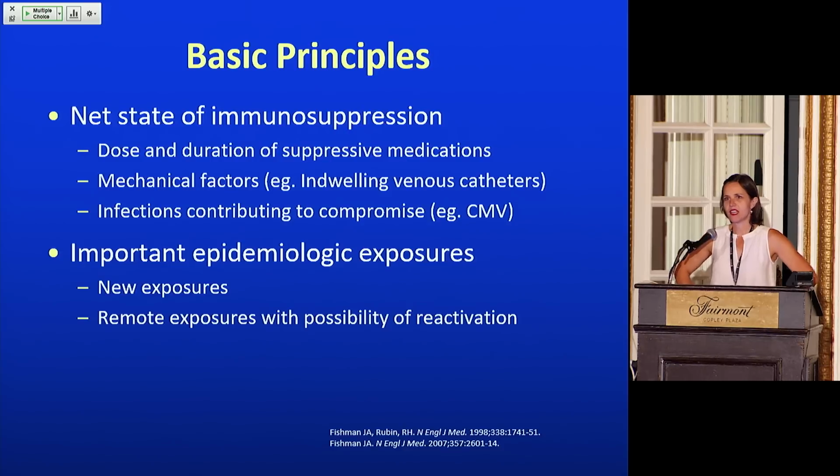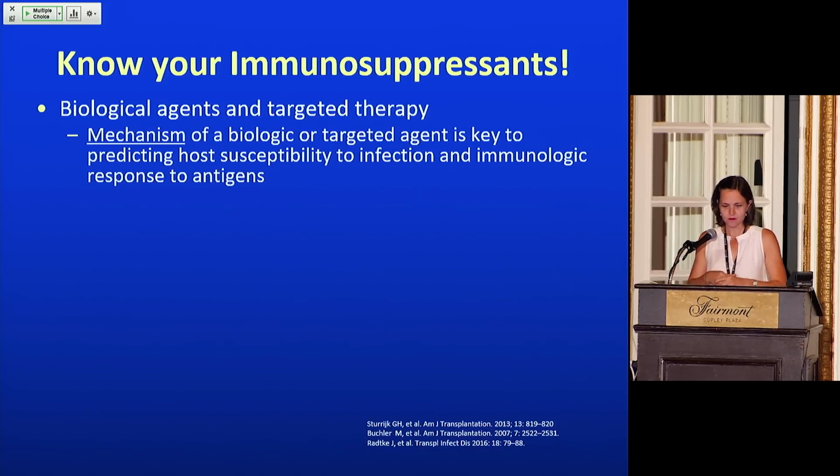And then even thinking more broadly, there's a lot of viruses that we meet in our early life that can reactivate after transplant. CMV is the most obvious one of these, varicella zoster, hepatitis B. So if people have had that and cleared it, it can reactivate after transplant. So you really have to think about all those exposures in these patients when they're presenting with infectious complications or you think they have an infection.